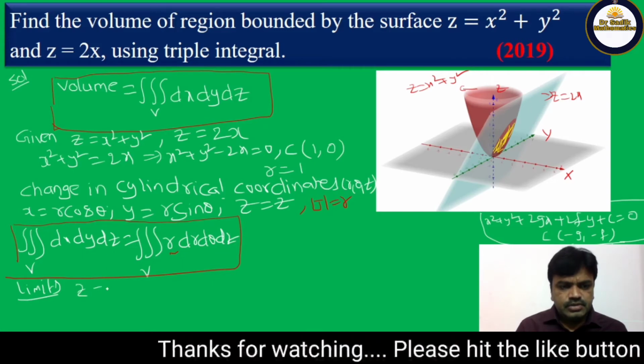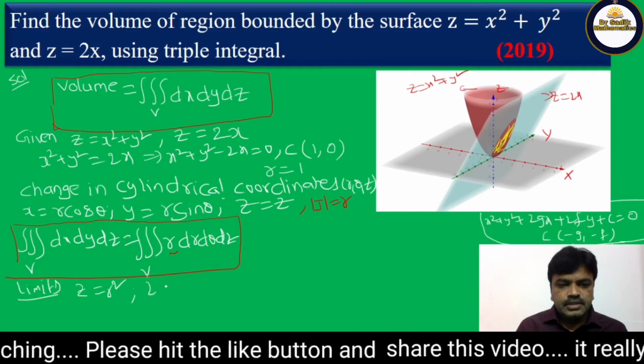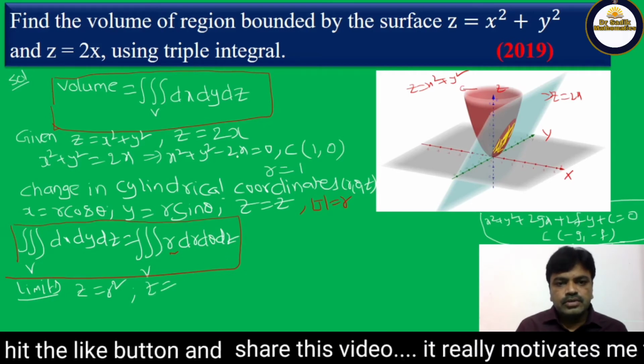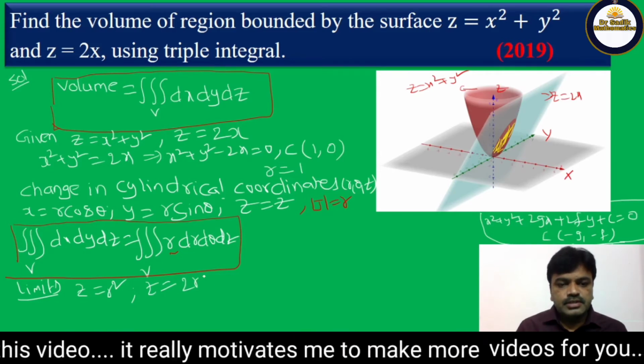So z equals r square. And the upper limit z equals 2 into x value, and the x value is r cos theta.